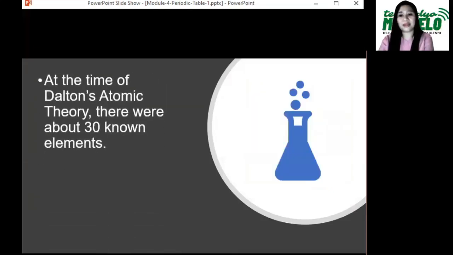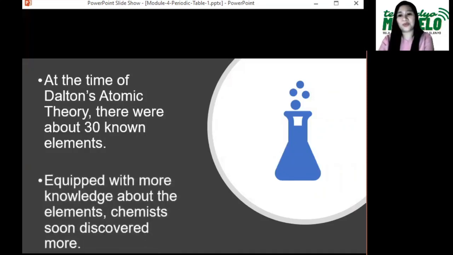At the time of Dalton's atomic theory, there were about 30 known elements. Equipped with more knowledge about the elements, chemists soon discovered more. Are you familiar with the periodic table of elements? Okay, that is great. Most of you are already familiar with the periodic table of elements.